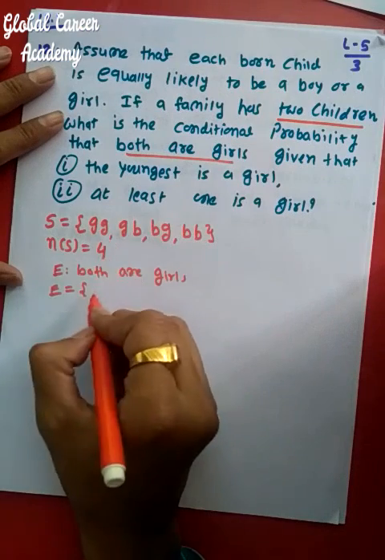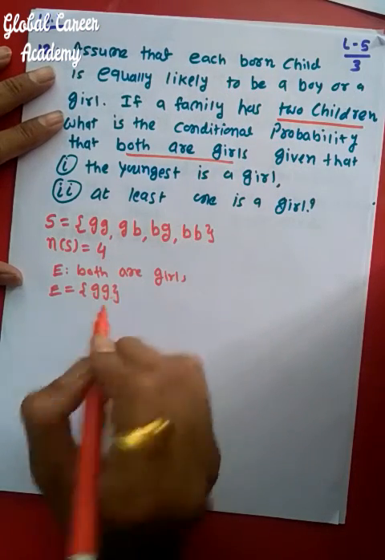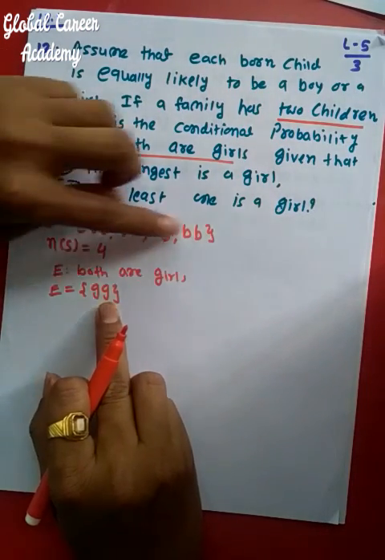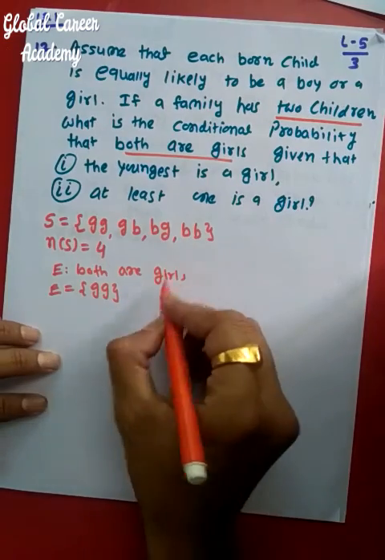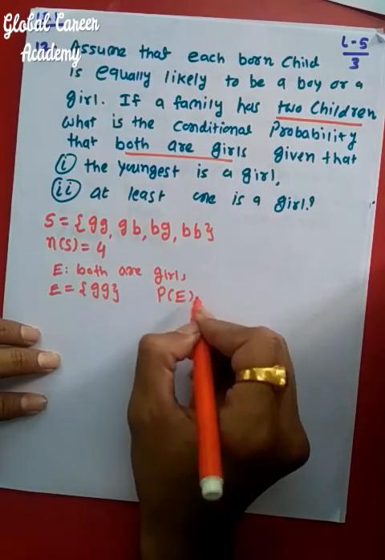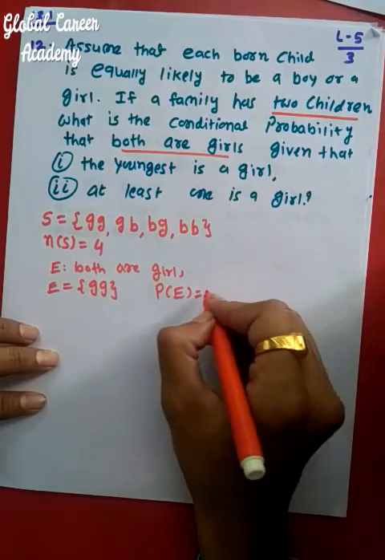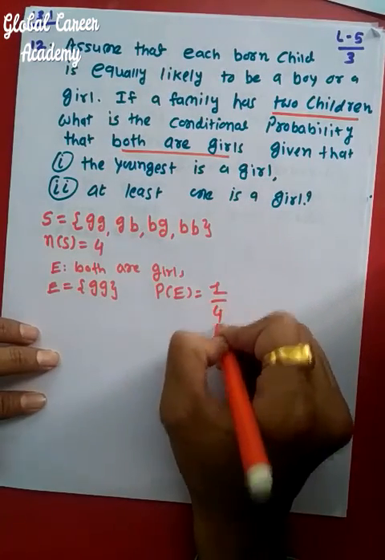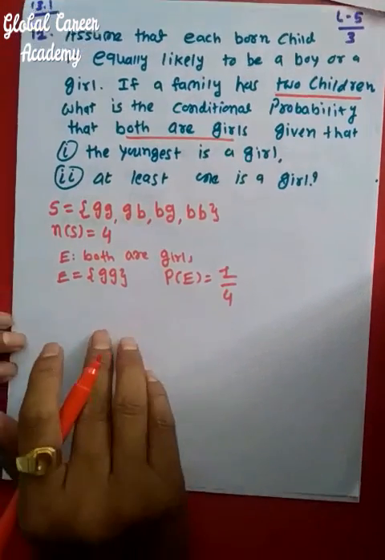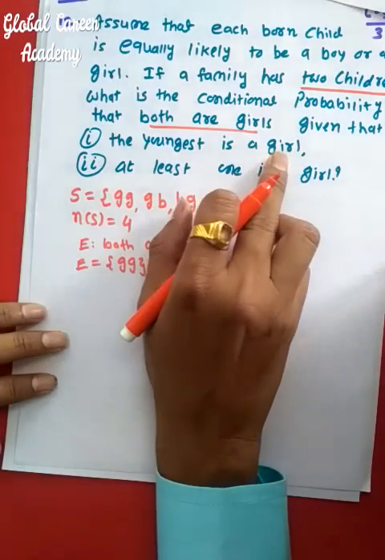Both are girls, that means there is only one possibility and that is GG. Out of all, one possibility, and from that I can say that the probability of E can be given as 1/4.